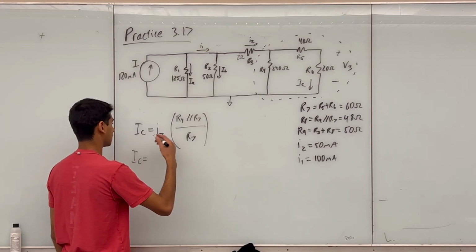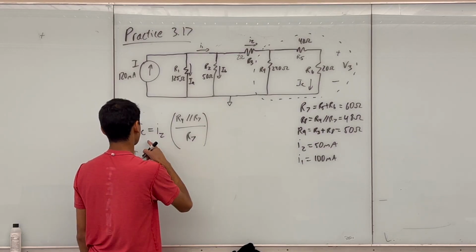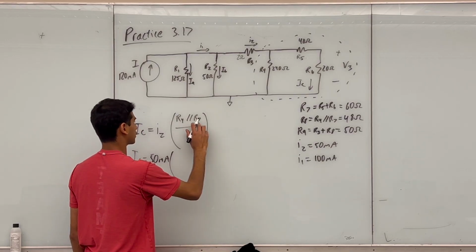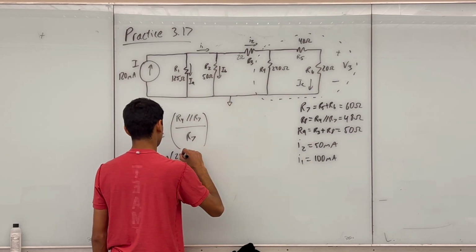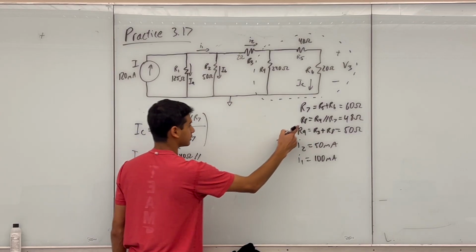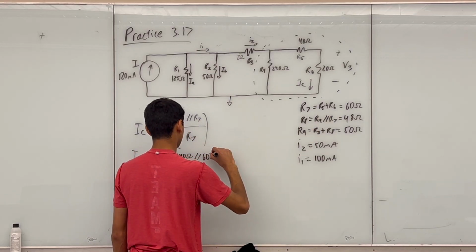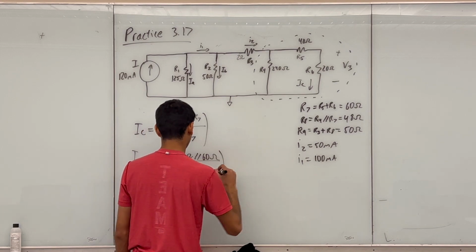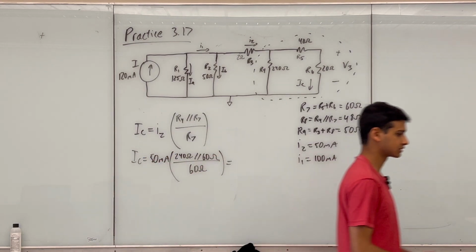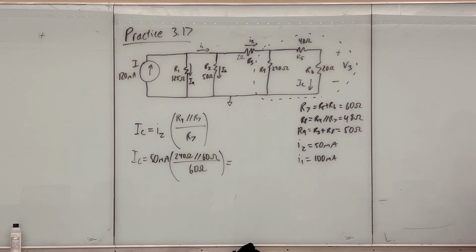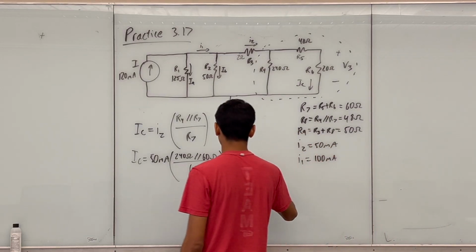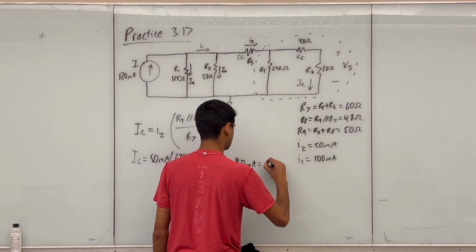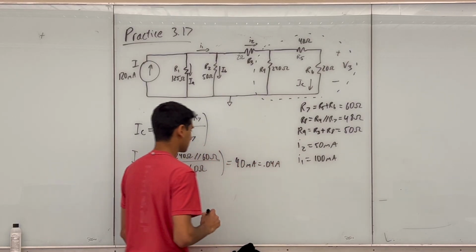So IC equals I2, so 50 milliamps, times R4 in parallel with R7, so 240 ohms parallel 60 ohms, divided by R7, which is 60 ohms. So I get that this equals 40 milliamps, or 0.04 amps.